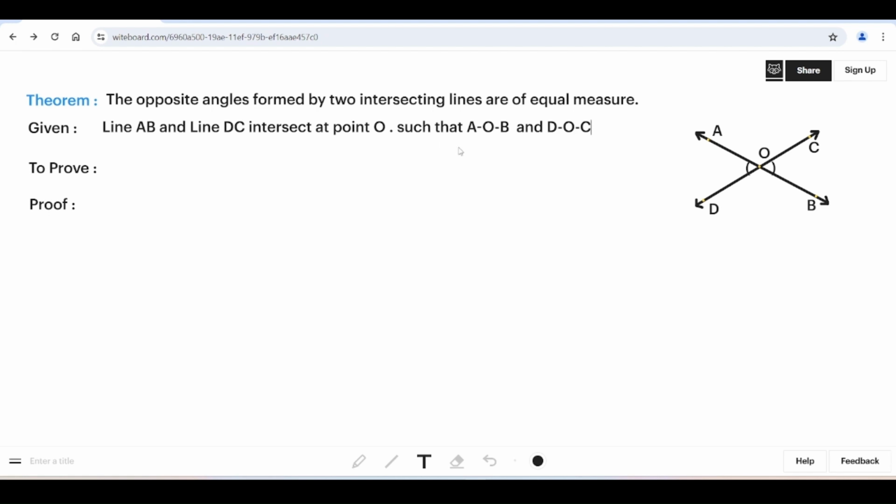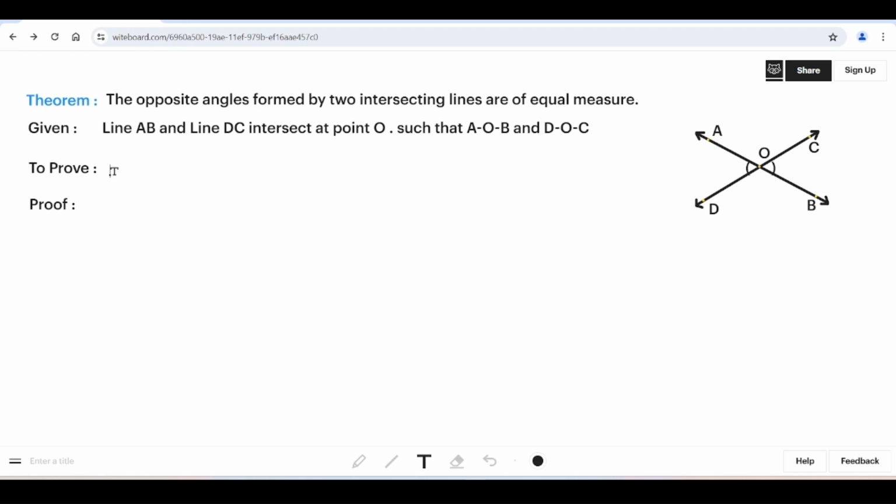If you do not know the concept of betweenness, then I will share the link of the first part of this chapter in the description. So do watch that video, then you will get to know what betweenness is.